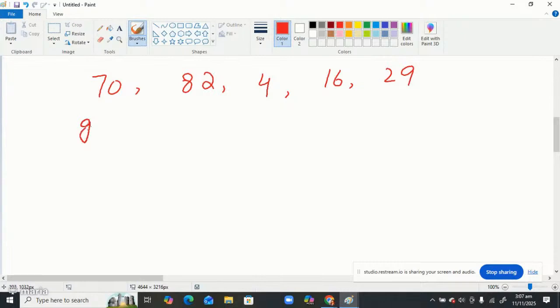Now you write down greatest to least. We are going to move from the bigger number to the smaller number.